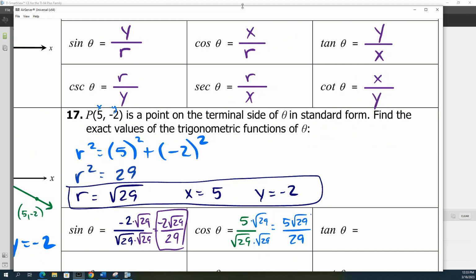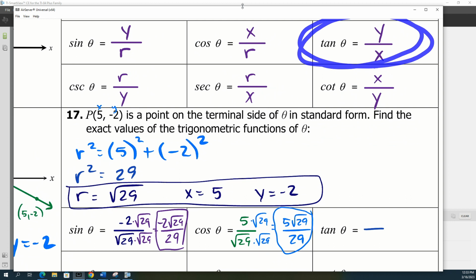All right, so that is the cosine of theta. And then when I want to find the tangent of theta, I'm going to use this rule here. I'm going to take the y and divide it by the x. So it's going to be negative 2 over 5. That's it.